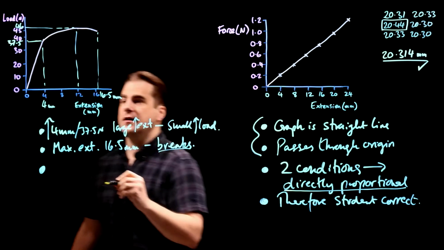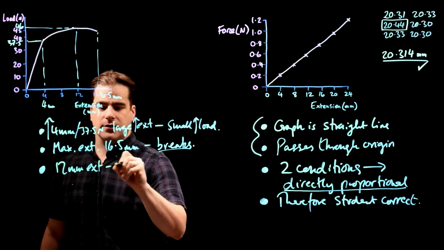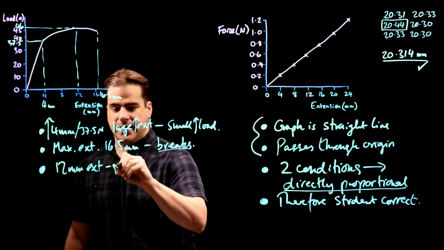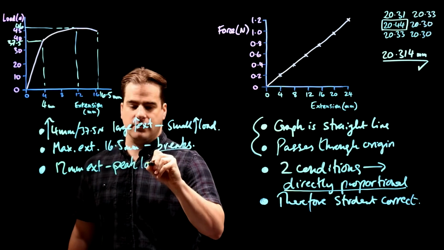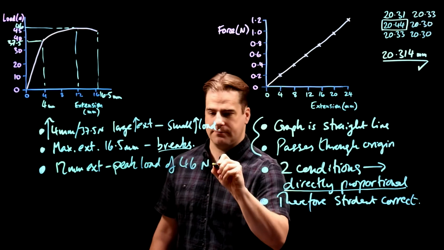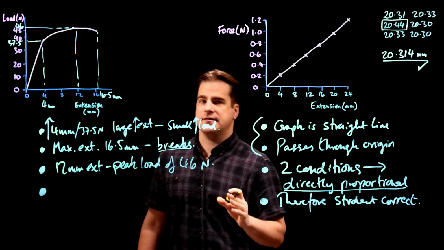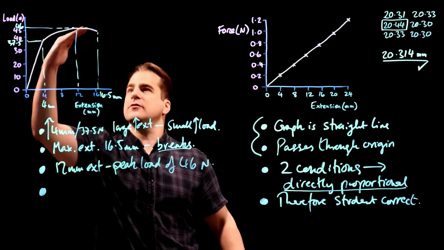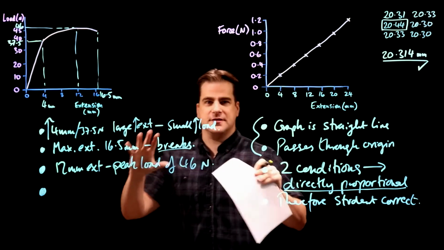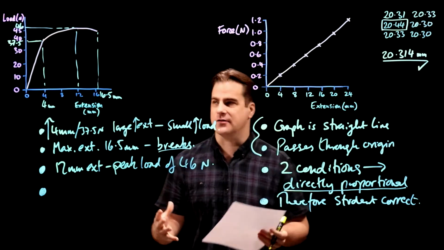So just say that at 12 millimeter extension, you have the peak load of 46 newtons. Okay. And there's one last thing we can say. It goes up and then down again. But don't say that, say it like that. You've got to say it in a physicsy science way.